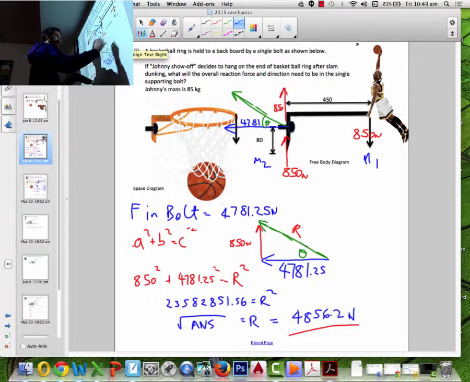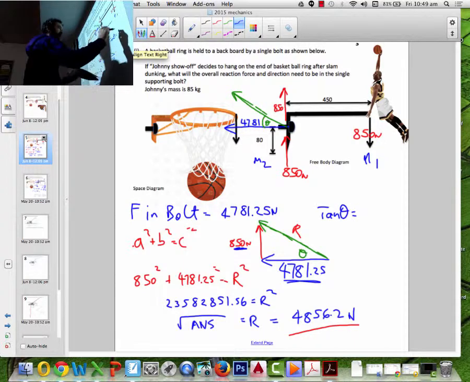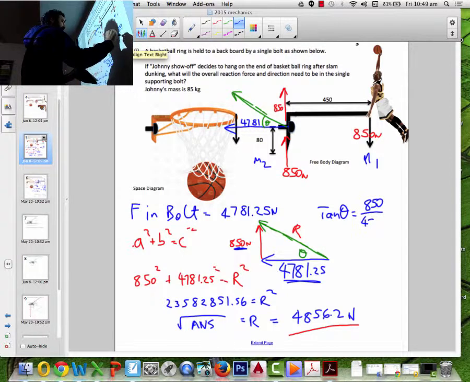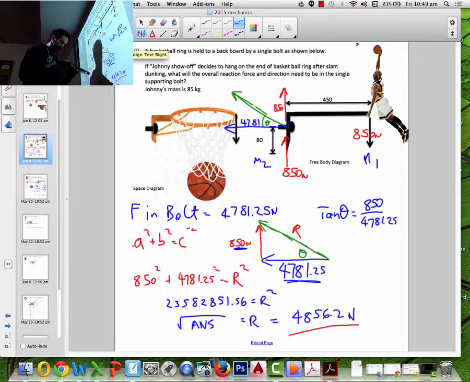If you do tan, opposite over adjacent, the angle equals the inverse tan of 850 divided by 4781.25, which equals 10 degrees.